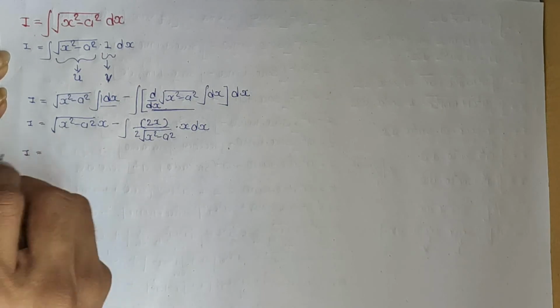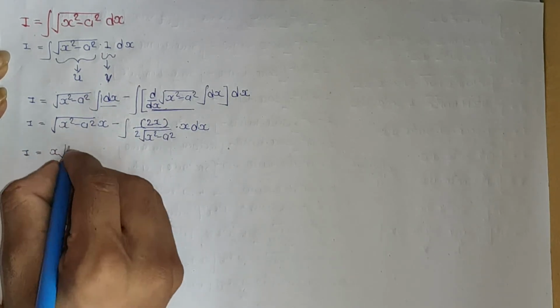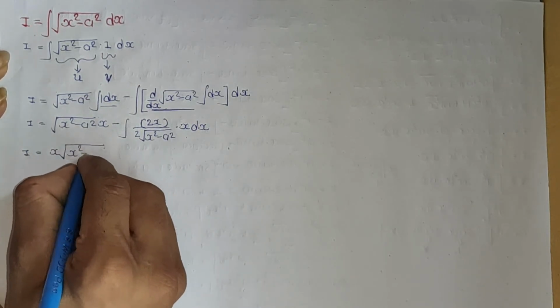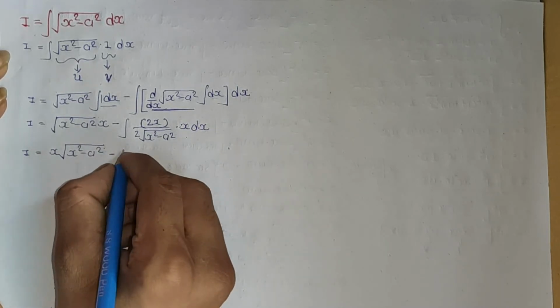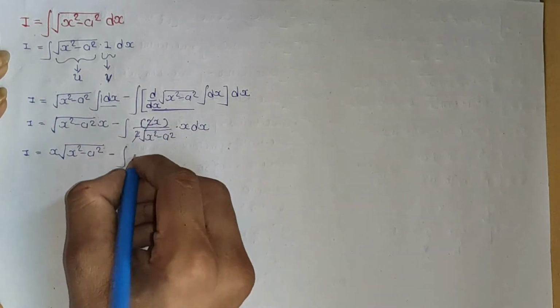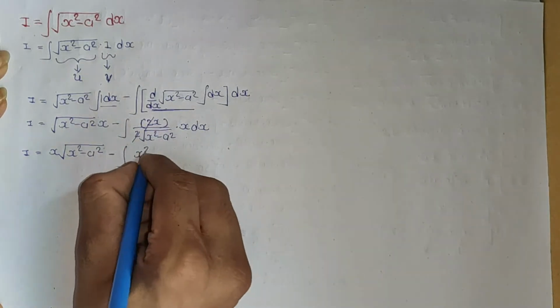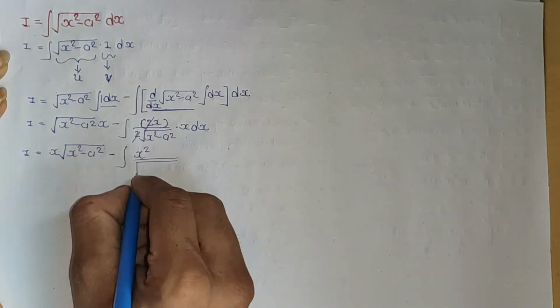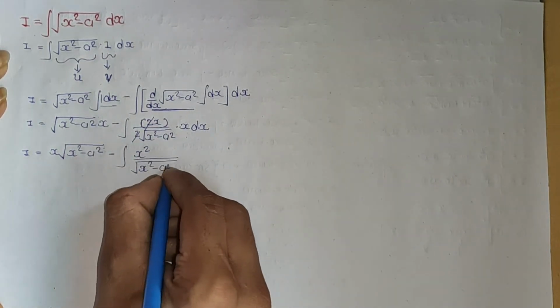Now I equals x square root of x square minus a square minus integration, 2 to cancel, x square divided by square root of x square minus a square.